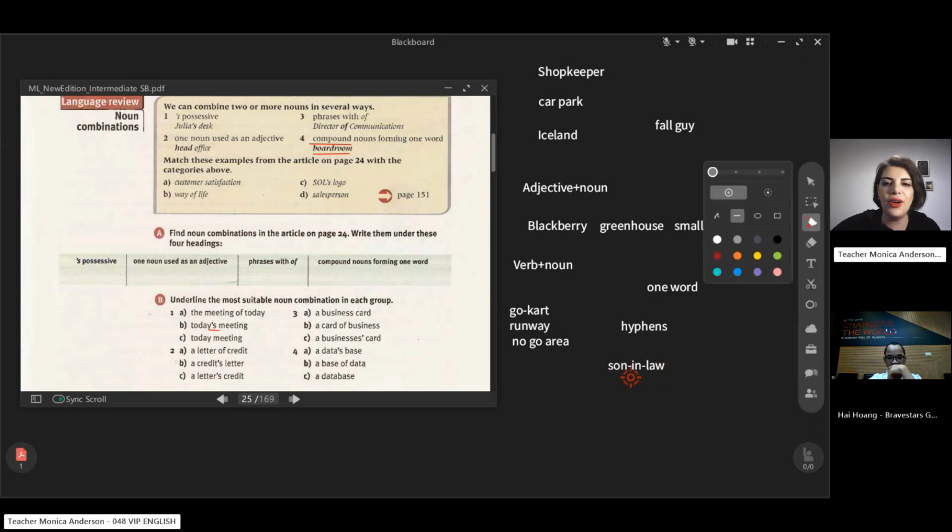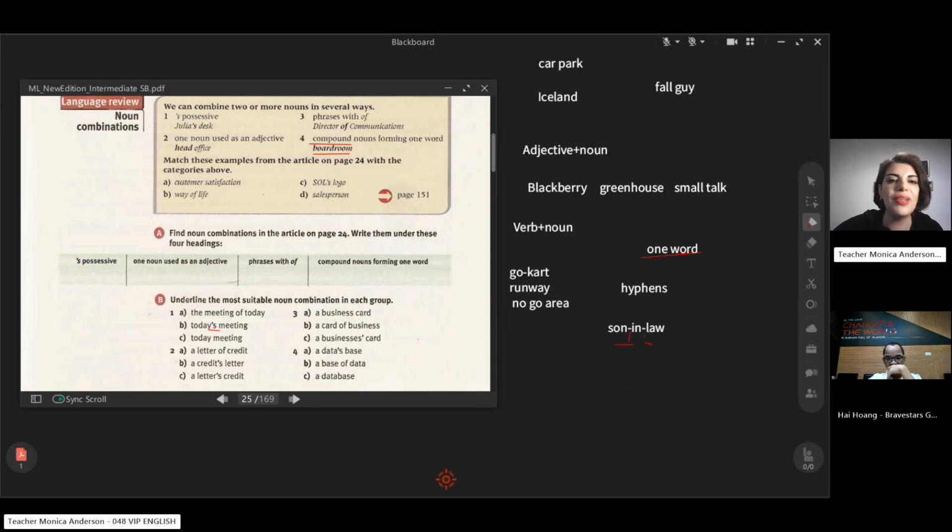Hyphens. So the writing form is different from the first one. Or for example, firefighter, or check-in, check-out. You normally see this with a hyphen. So the writing form is a bit different.